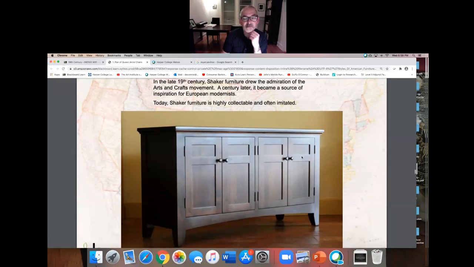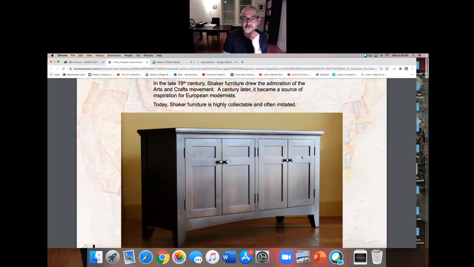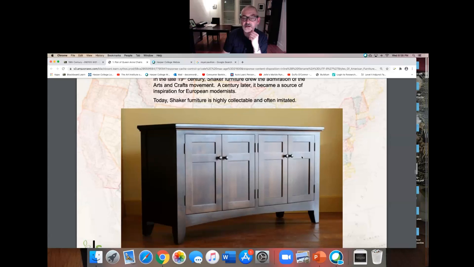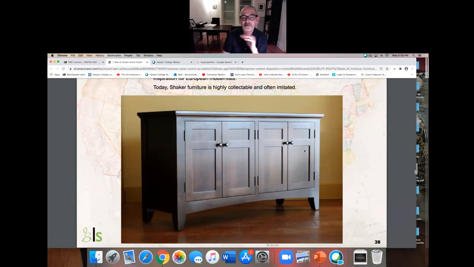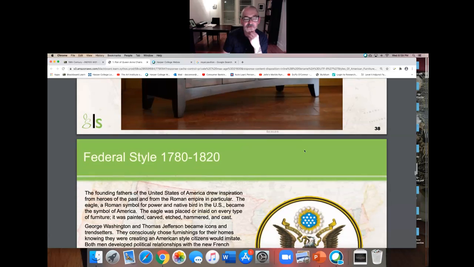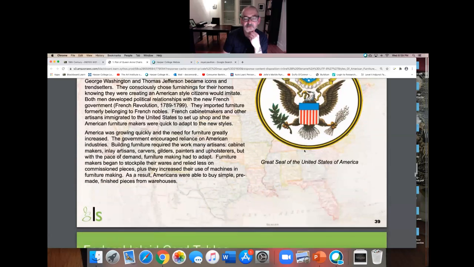And here, this is something that is called Shaker, but is made in a more modern manner. And even this panel, the panel doors, I think that's maybe as much as the Shakers would ever permit themselves.